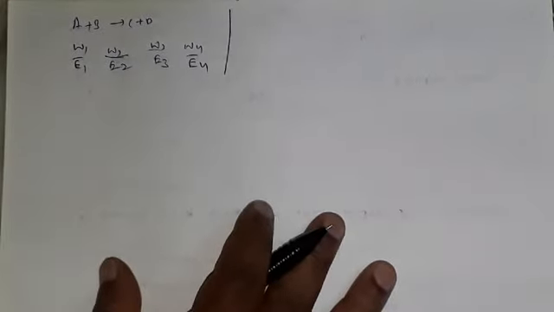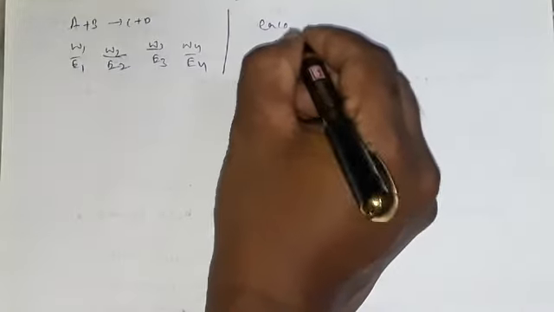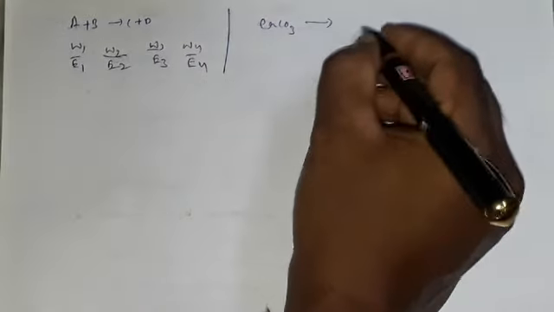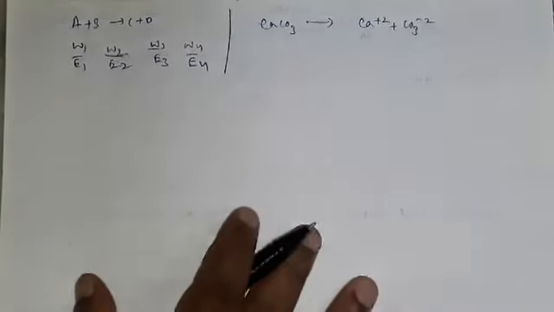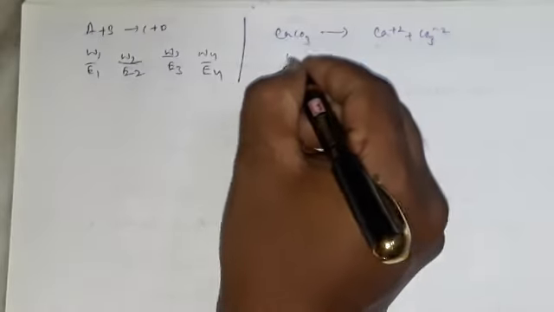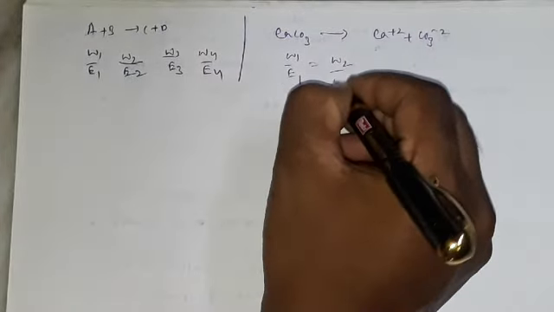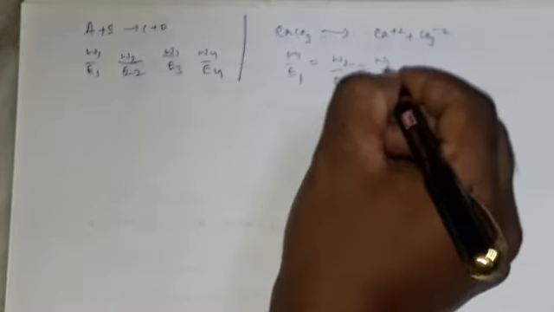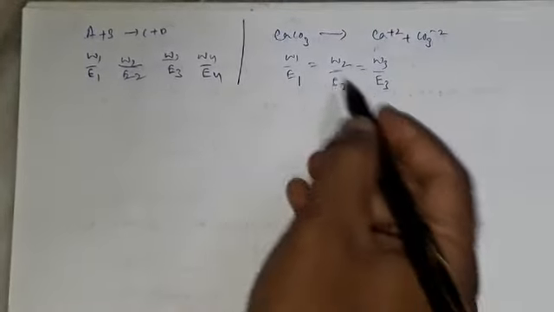This we can relate. Similar to this, CaCO3 gives rise to Ca 2 plus and CO3 2 minus. Then W1 by equivalent weight 1 equals W2 by equivalent weight 2 equals W3 by equivalent weight 3. This relation we can consider.